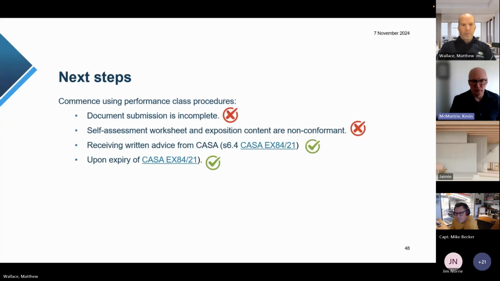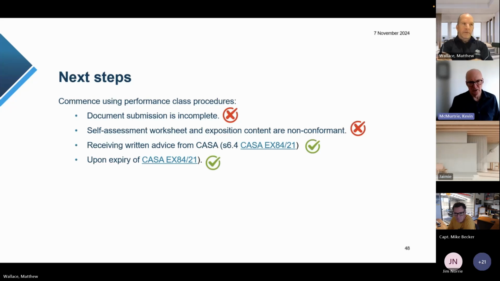As was mentioned by Matt earlier, we understand that you're likely performing these types of procedures now. Transition to Part 133 performance class means that you will formally document these procedures in your exposition or operations manual. As soon as we receive your submission, we'll do a document check that the submission contains those 3 documents: the non-significant change notification form, your completed self-assessment worksheet, and the exposition, where the manual references will be cross-checked.